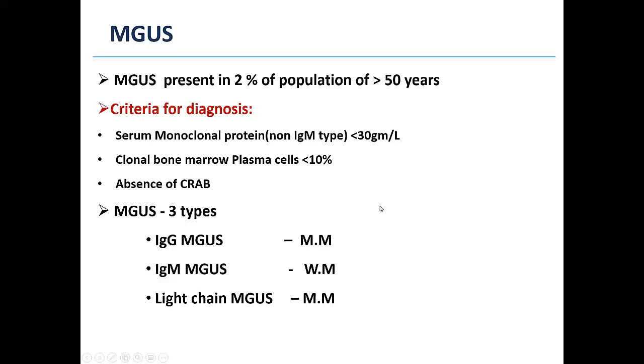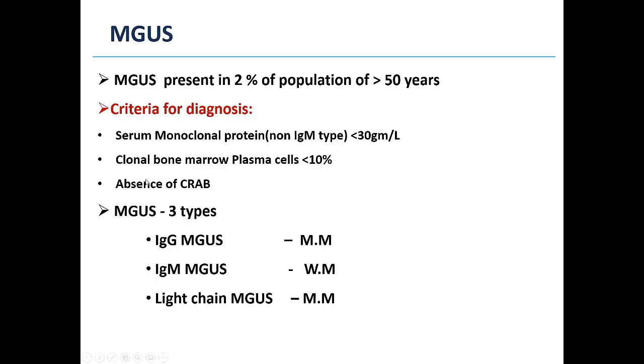Criteria for diagnosis. Now that is most important for us as pathologists. Bone marrow plasma cells less than 10%. Clonal. Now this is again important. They have to be clonal plasma cells less than 10%. Absence of CRAB. Now CRAB, we said, is part of the end organ damage like hypercalcemia, renal insufficiency, anemia, and bone abnormalities.